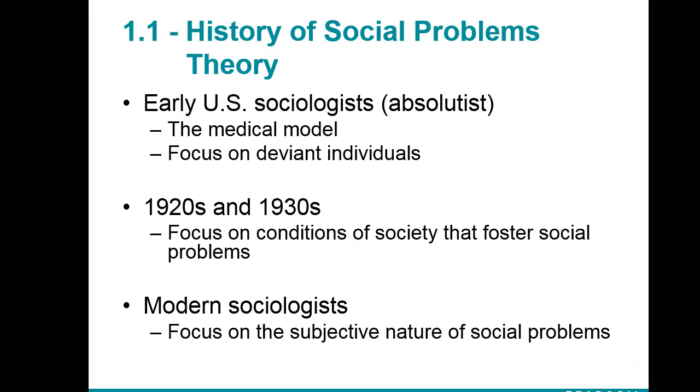A shift away from this absolutism and on to social conditions that foster problems occurs in the 20s and 30s. Societies were undergoing at that time rapid changes from the processes of migration, urbanization, and industrialization. These were thought to have created pockets of social disorganization, crime, family breakdown, and mental disorders.